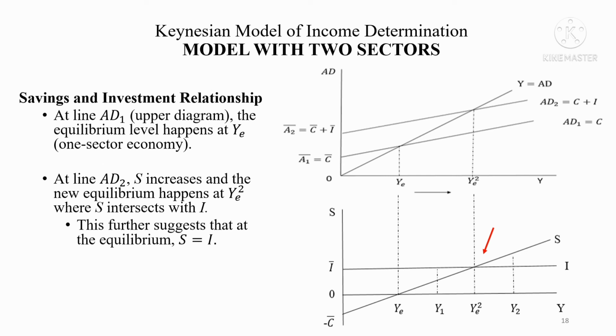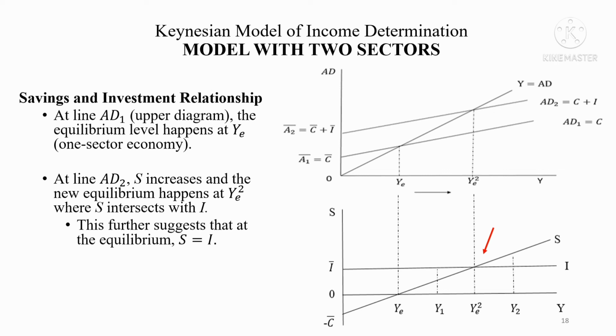What is the relationship between savings and investment? At line AD1, in the upper diagram, the equilibrium happens at YE, and that is the equilibrium in a one-sector economy.